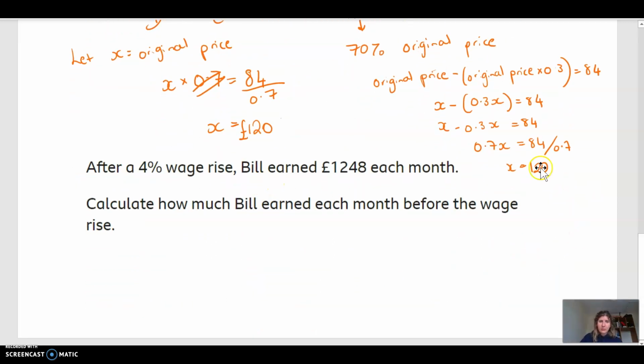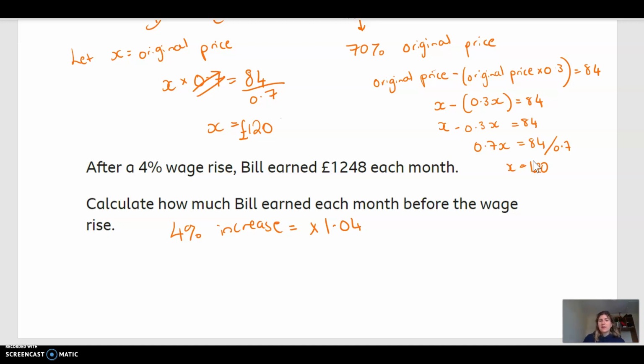Alrighty, last problem. After a 4% wage rise, Bill earned £1,248 every month. So he's got a 4% increase in his wage. That's multiplying by 1.04, 104%.